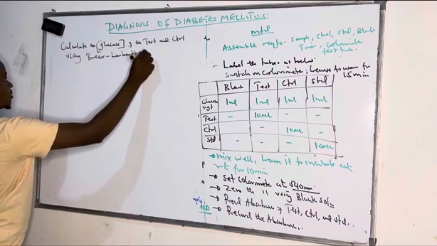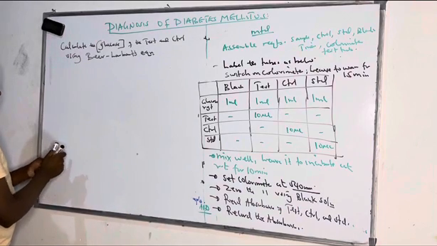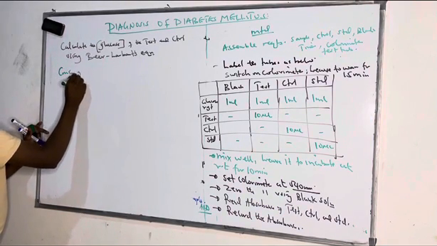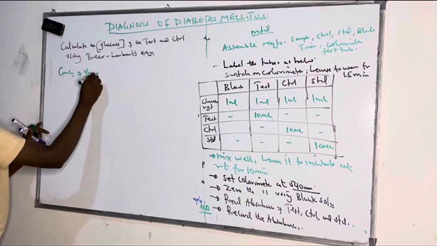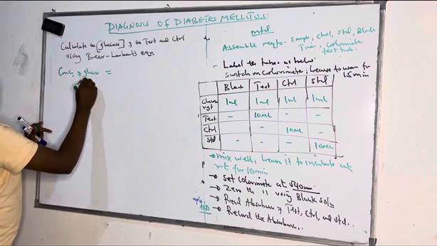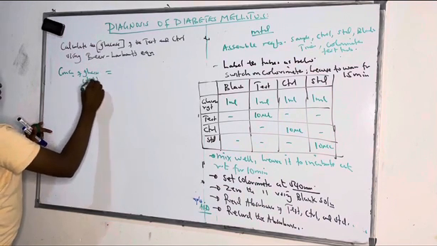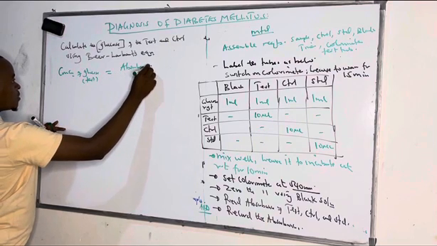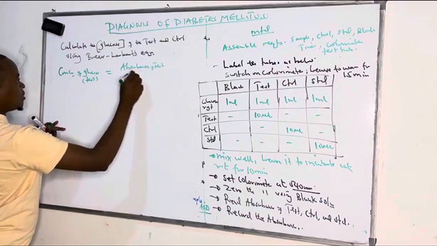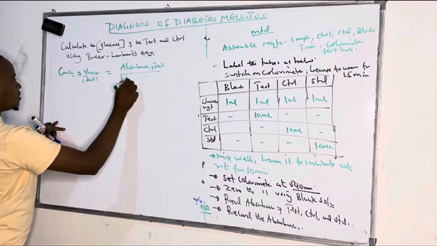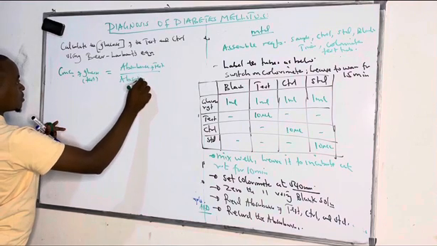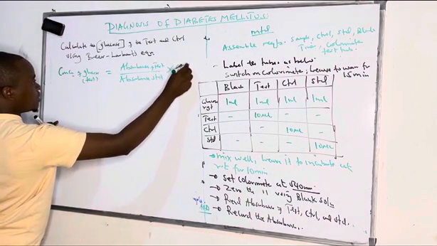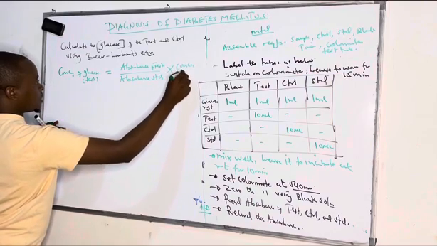Beer-Lambert's equation, which states that concentration of glucose in the test is equal to absorbance of the test divided by absorbance of the standard times the concentration of the standard.